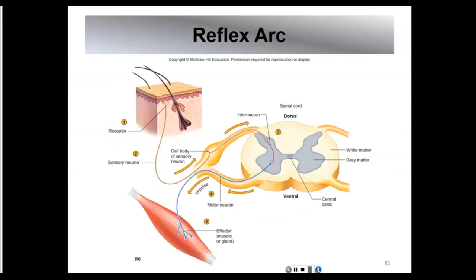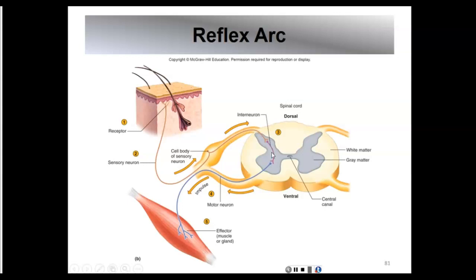So here is a picture of our basic reflex with an interneuron. Here is skin with the receptor in the skin, sending that signal down the sensory neuron to the back, the dorsal part of the spinal cord.